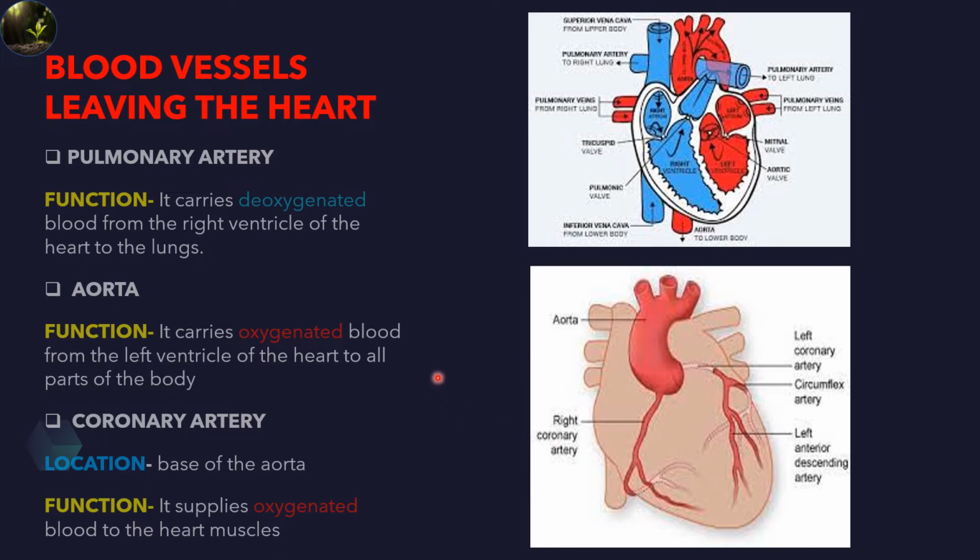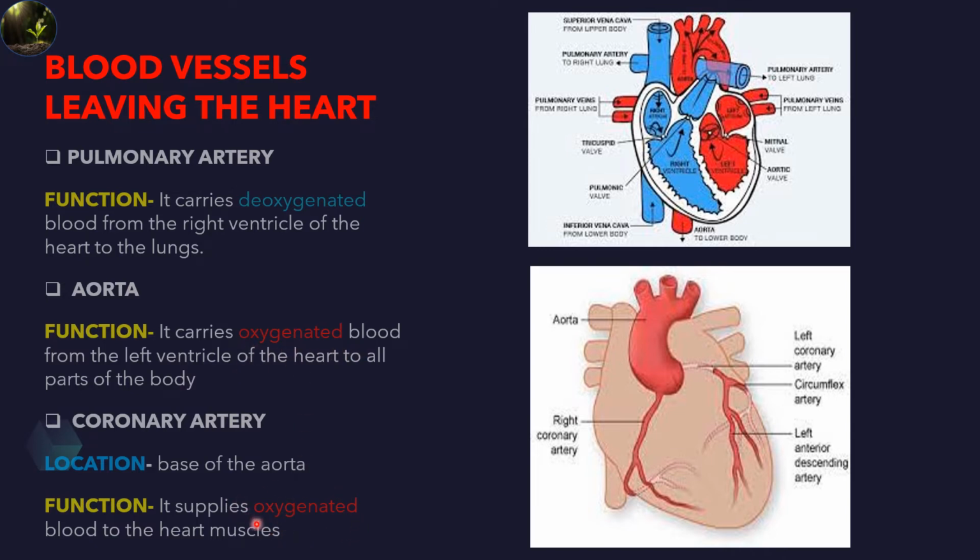You have to remember a very important point about all the arteries. The aorta is also the largest artery. You already learned that the aorta is the largest artery. Then all the arteries carry what type of blood? Oxygenated blood.